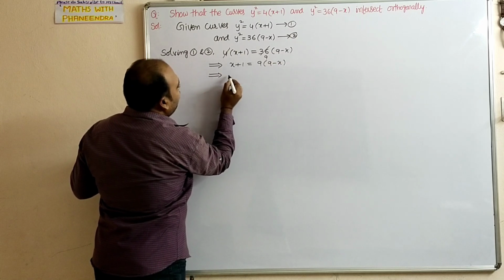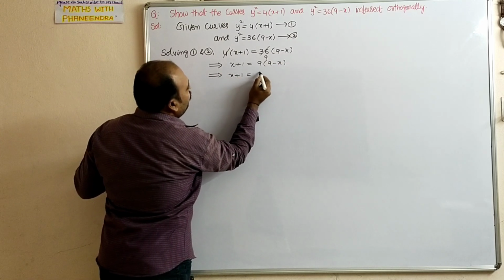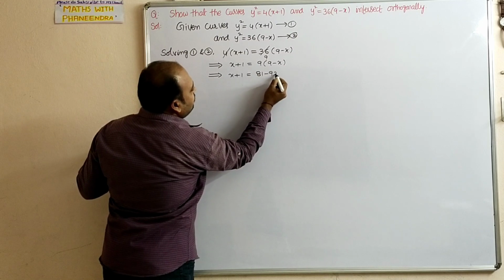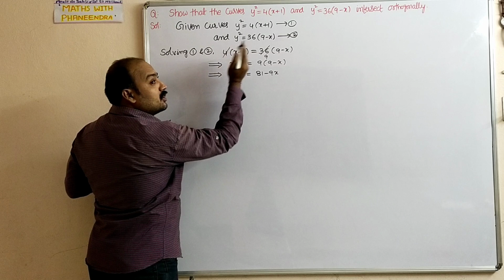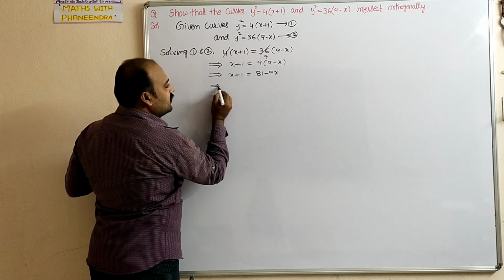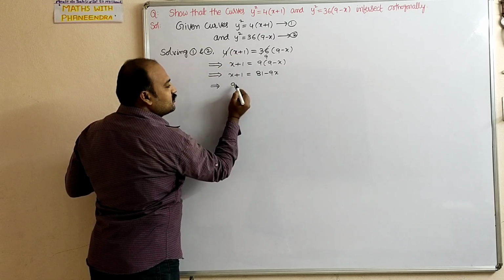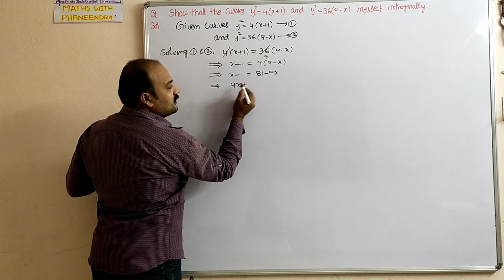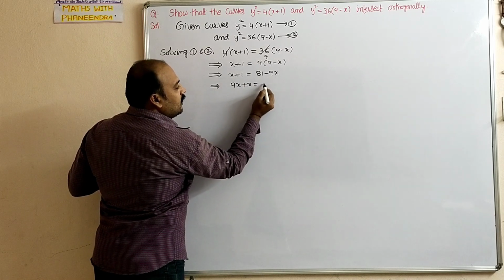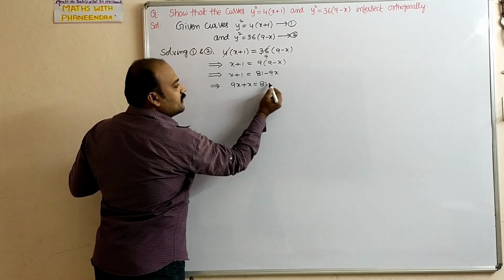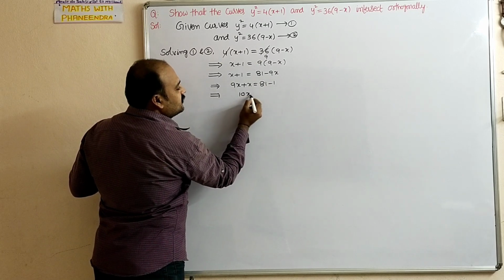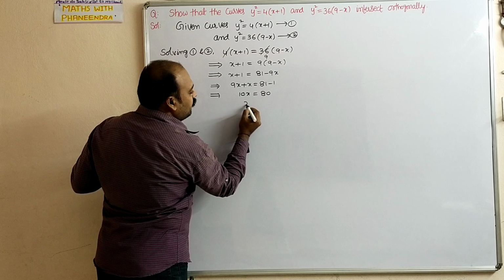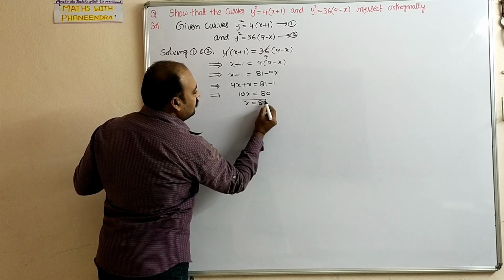That implies x plus 1 equal to 81 minus 9x. All the x terms we can take to one side and constants to the other side. So minus 9x we are taking to this side as plus 9x, and x we can keep here only. 81 and 1 we are taking to this side, minus 1. So 9x plus x is 10x is equal to 80. Therefore x is equal to 8.